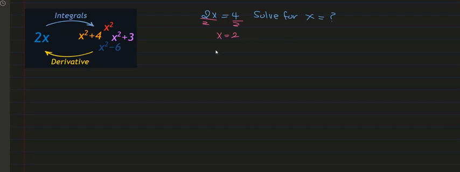Now integration is the opposite operation of the derivative. So let's imagine that we have x power 2 plus 4. This is the function, and we will apply this operator, the differential, to get the derivative. What will be the derivative? We know that we drop the power and subtract 1, and the derivative of the constant is 0. So that's the derivative. This is the f dash, if this is called f.